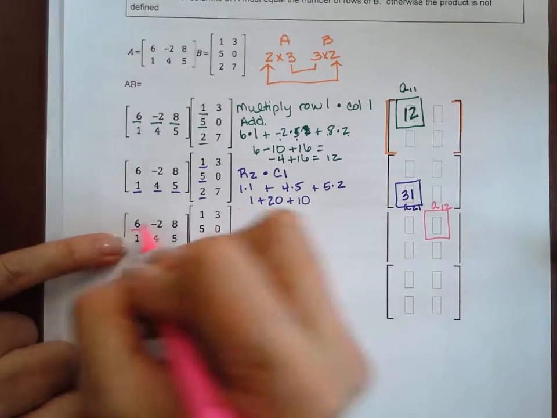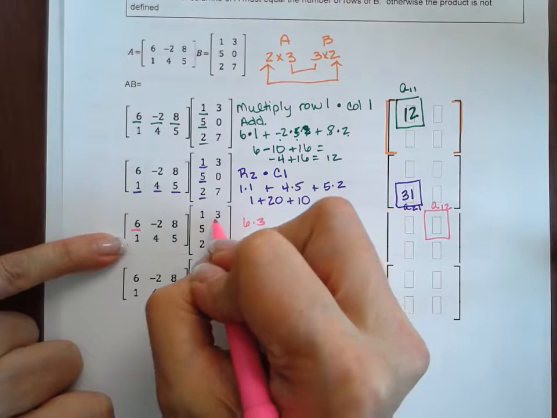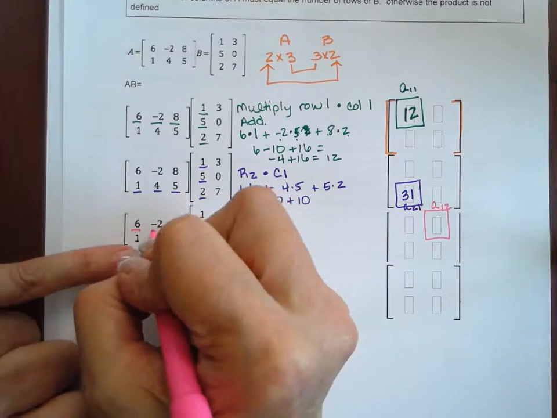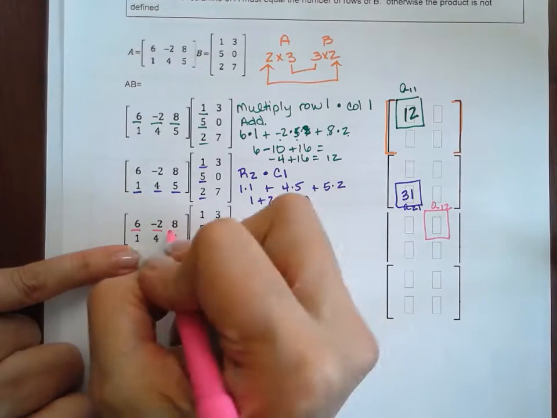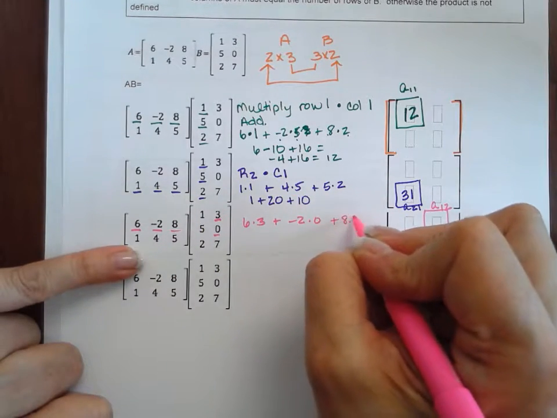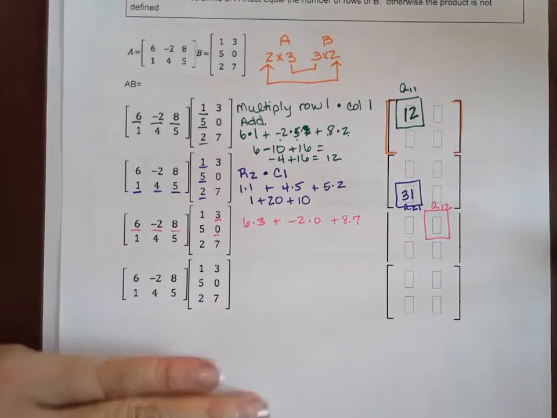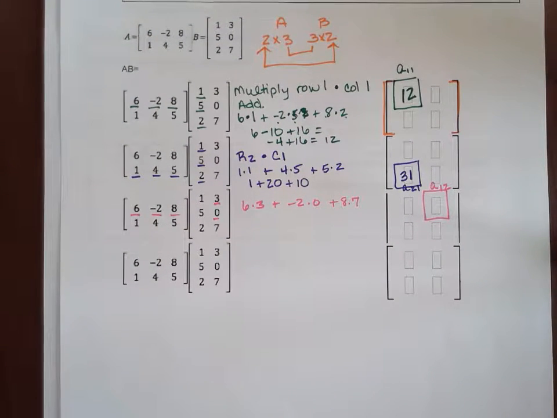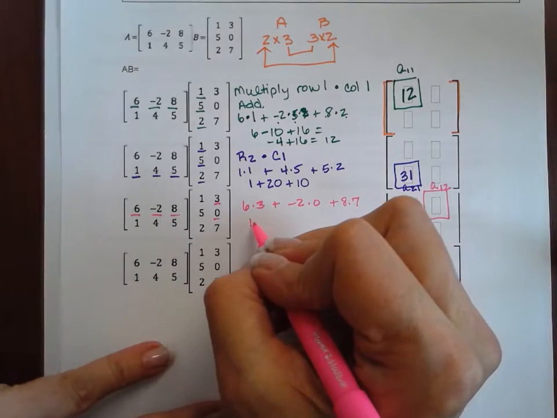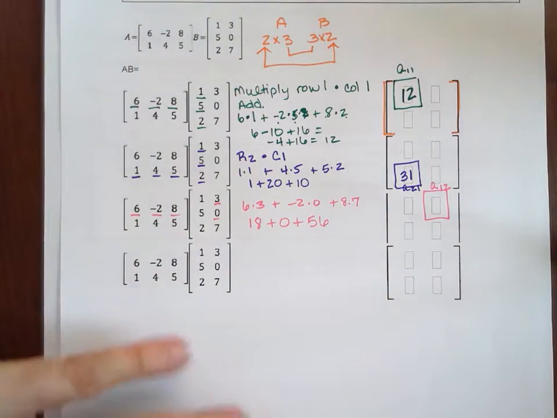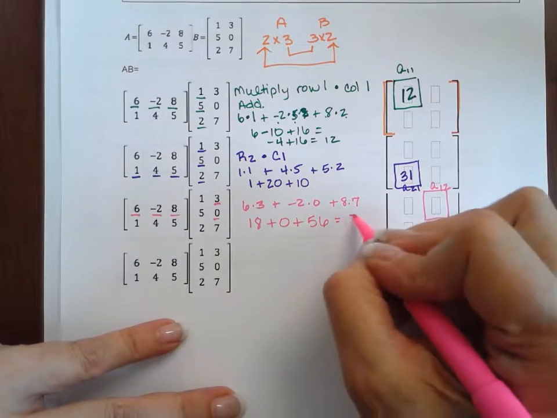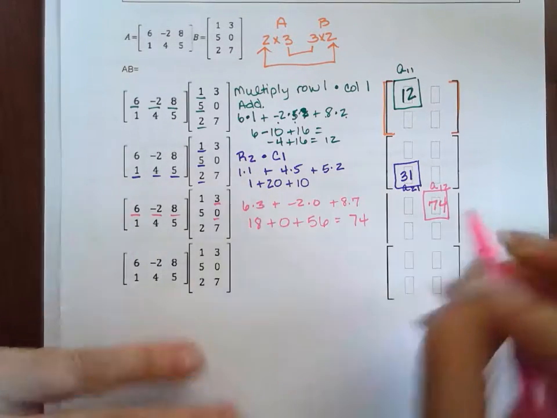So row 1, 6 times 3 plus negative 2 times 0 plus 8 times 7. Are you with me, Nicole? Awesome. 18 plus 0 plus 56 gives me 74.